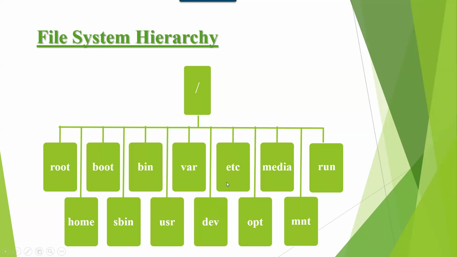etc contains configuration files. Linux works with configuration files, so those configuration files are stored under etc. What are the configuration files? I'll show a few configuration files in class. OPT contains optional applications, the applications which we install manually.